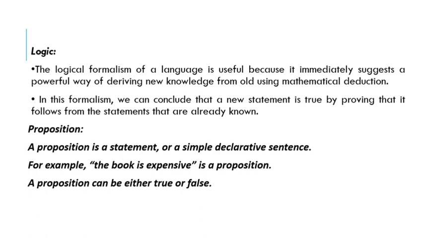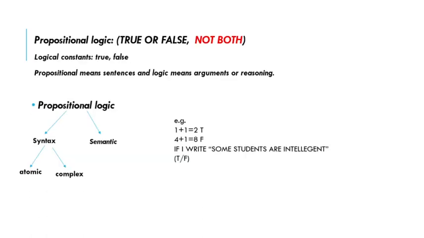Okay. We have discussed the propositional logic types like syntax and semantics. After that, we discussed syntax, atomic and complex sentences. Right. So these are the types of sentences which propositional logic may follow.